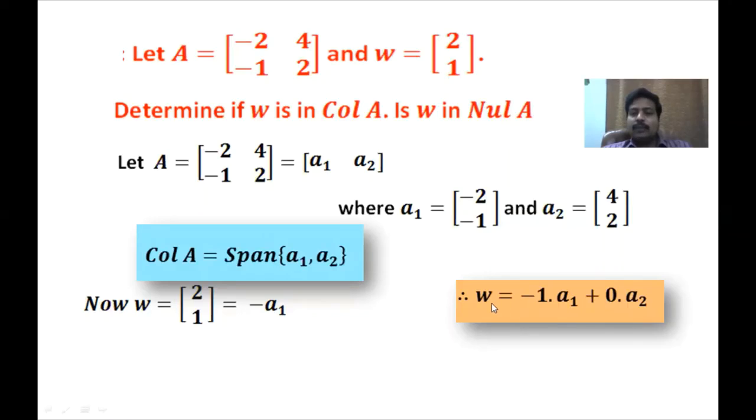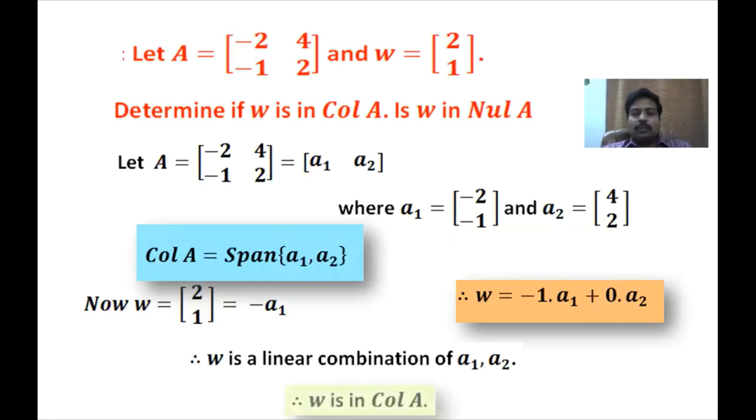So now it is in the form W is equal to C1A1 plus C2A2, where C1 is -1 and C2 is 0. So W is a linear combination of A1 and A2. So W is in the column space of A. So this is the first problem.